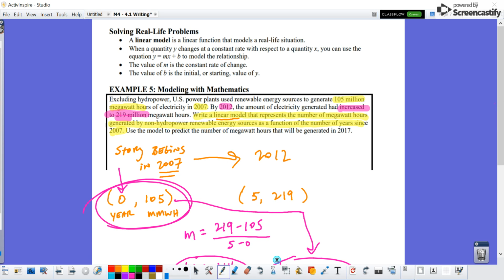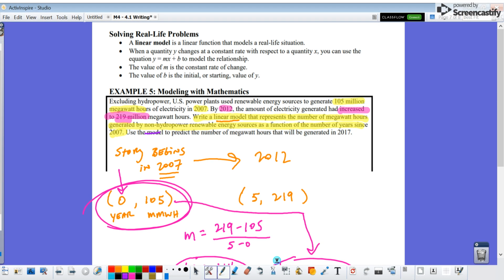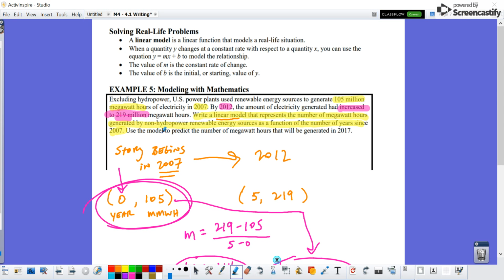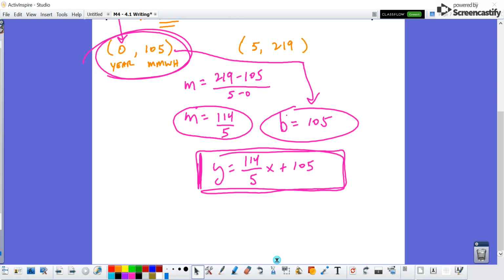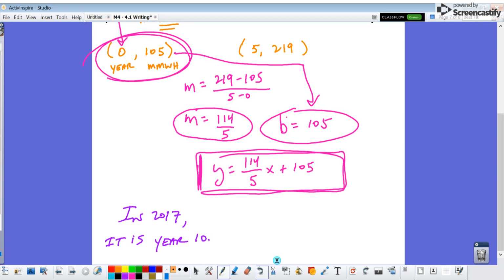So this model will predict the future for this facility that has this hydropower plant. Last part of the question, it says use the model here to predict the future. So 2017 is the year. So relevant to the beginning of the story, in 2017, it is year 10, meaning 10 years have transpired since the beginning of the story.